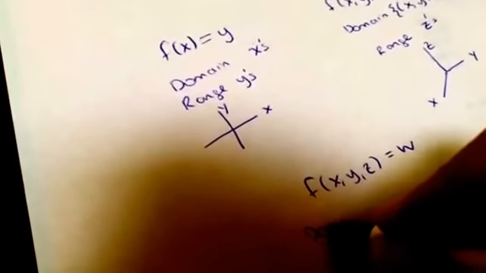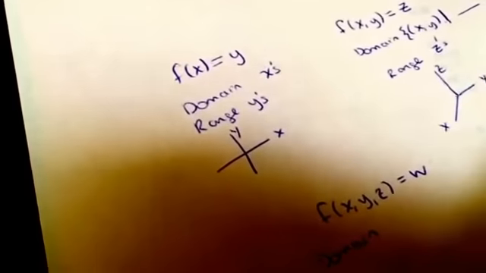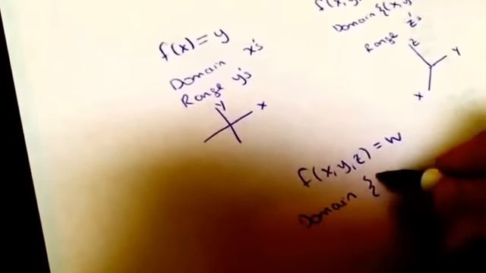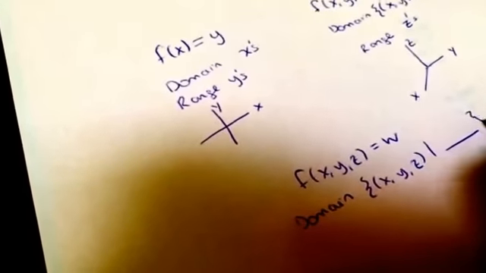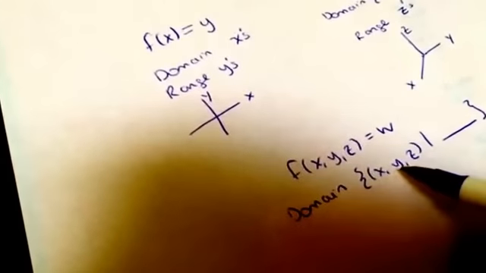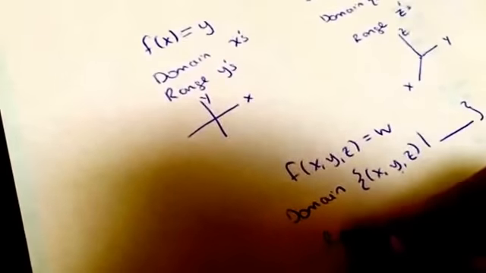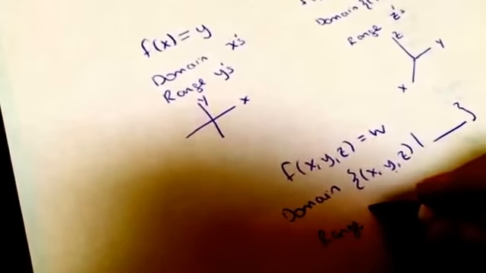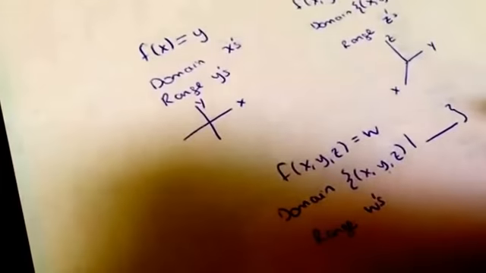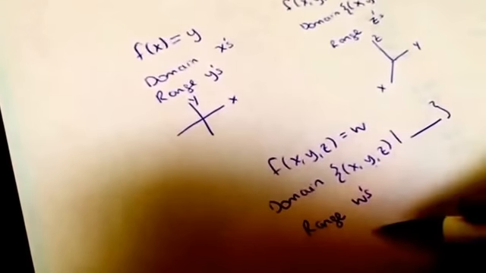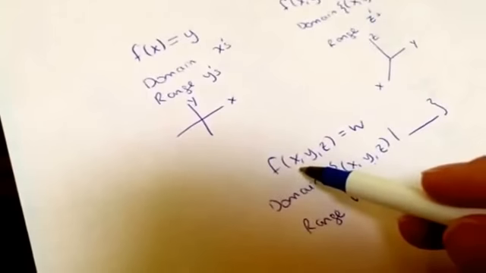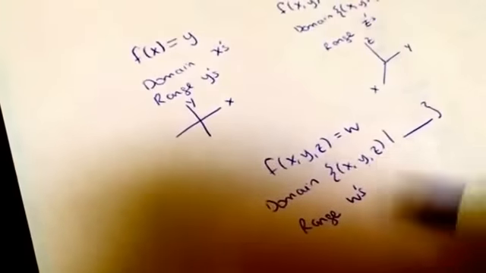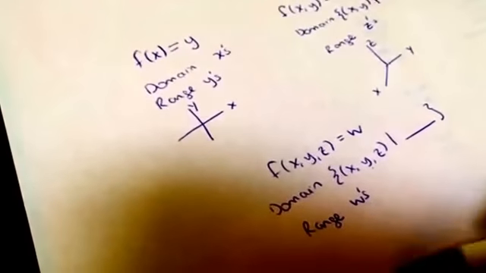The domain, they said we can picture as a region in space, but it would be the set of all the ordered triples such that some condition is met. So the domain now is three-dimensional, but the range would be w's, so it's one-dimensional. You can't do this on paper here, but the graph would now be four-dimensional. You can't really draw four dimensions, but the graph would be four-dimensional.